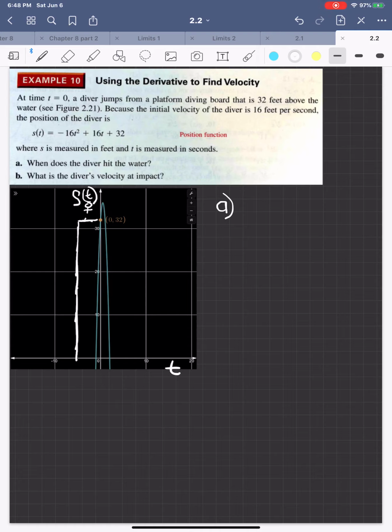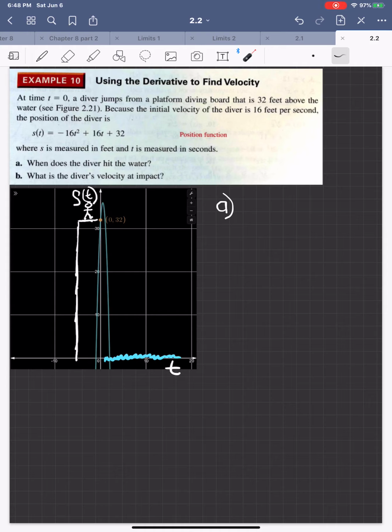So here's our individual, 32 feet up on a diving board. Let's go ahead and give this individual some water, otherwise he or she's going to have a massive headache. So the diver is 32 feet in the air, above the water.